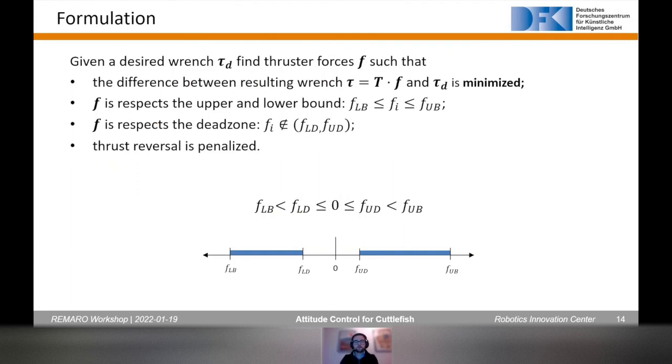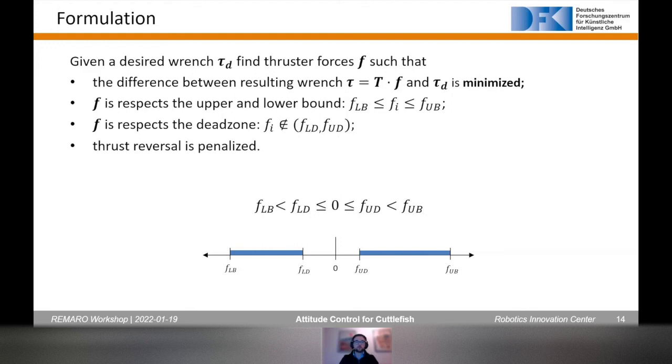Here, once more, a short summary of what we are trying to achieve. Given a desired wrench, tau d, we want to find thruster forces such that the difference between the resulting wrench and the desired wrench is minimized.